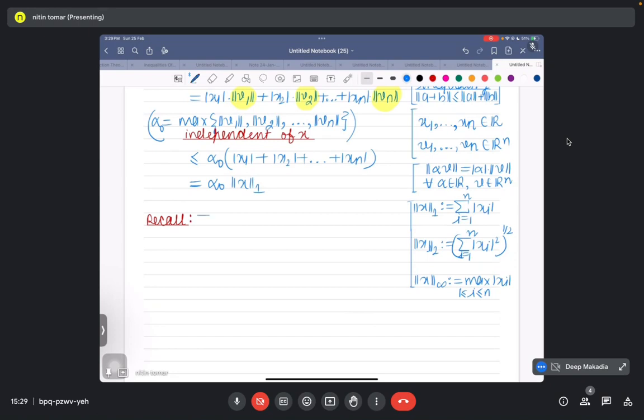If you take two norms on Rn, say this is some norm, and then again you can have more than one norm on the same space, and say this is your different norm.